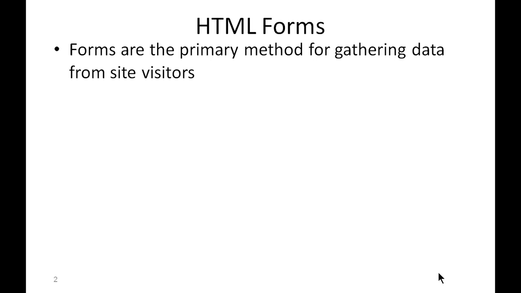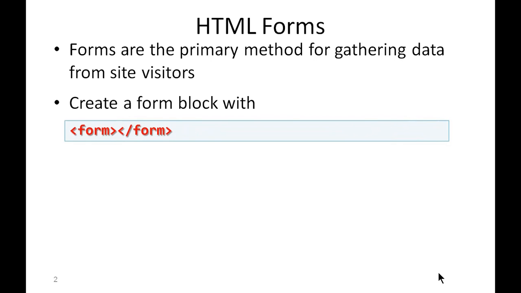On that, some processing will be done by the backend. There are various form elements, okay? Now to make a form, there are various form elements available. Create a form block. Now if you want to create a form, an example is here. You will create a form using the form tag, okay?